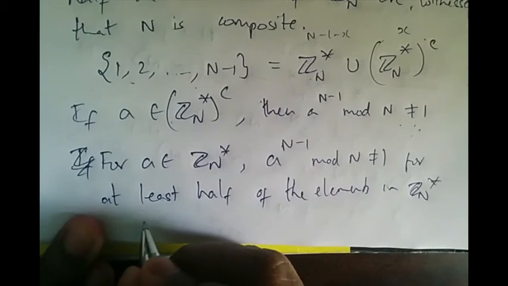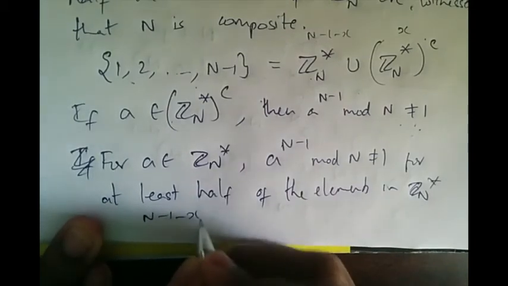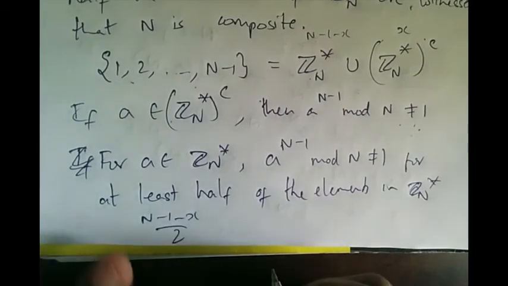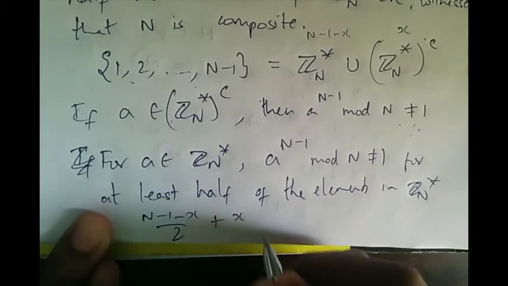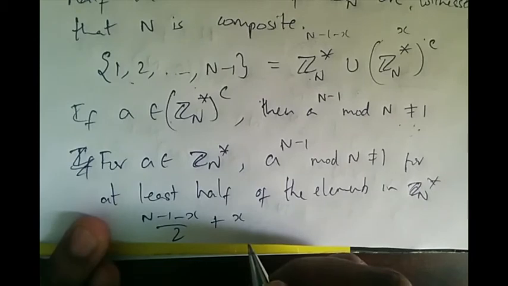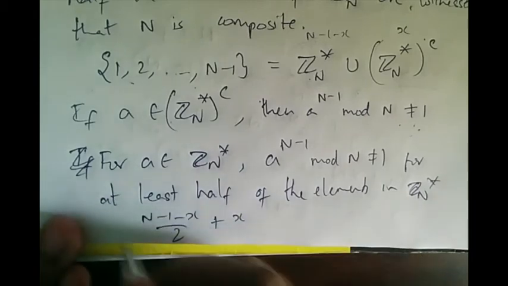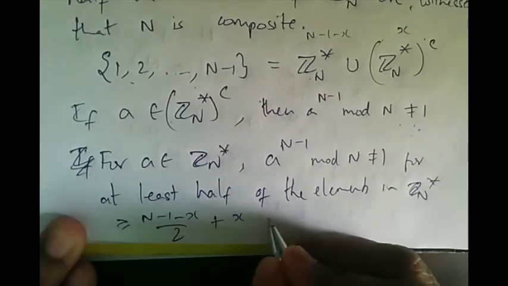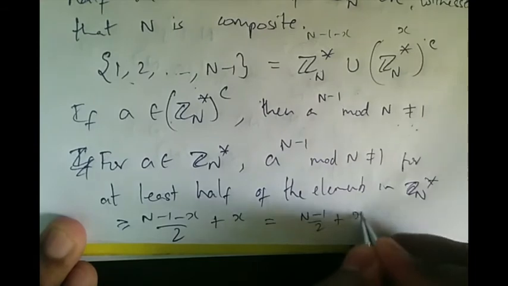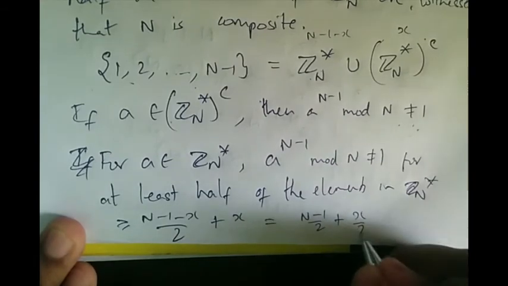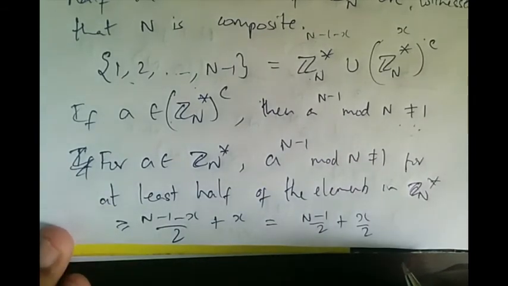So n minus 1 minus x by 2 elements, plus all the elements in this, for which the inequality holds. So at least for these many elements, the inequality will hold.